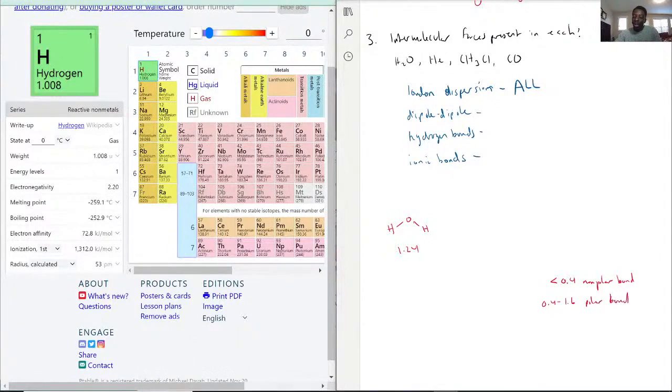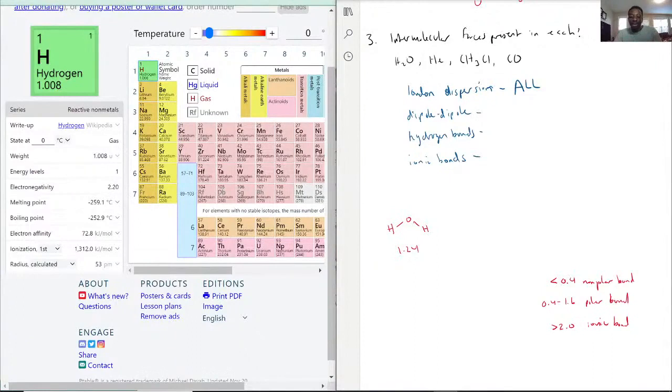Anything greater than 2.0 is going to be an ionic bond. But more specifically, anything that has a metal and a non-metal bonded together is typically an ionic bond. So the range from 1.6 to 2.0, if it's a metal and a non-metal, counts as an ionic bond. But if it's still two non-metals, no matter how big the difference is, it's still considered a polar bond.